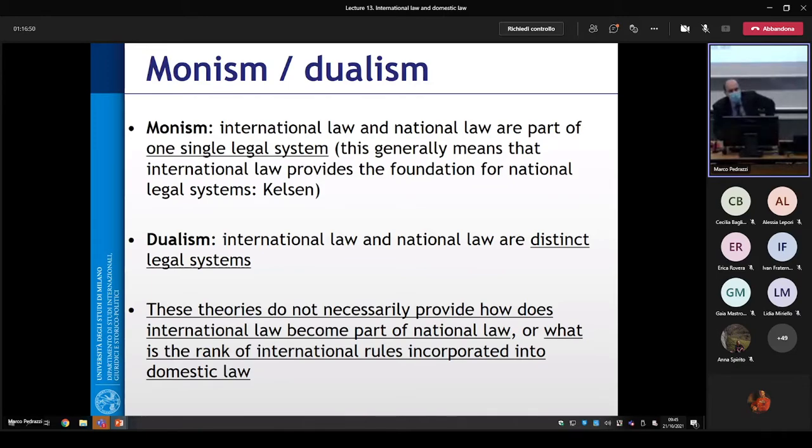However, in your textbook, you find an interesting discussion about these two theories, monism and dualism.